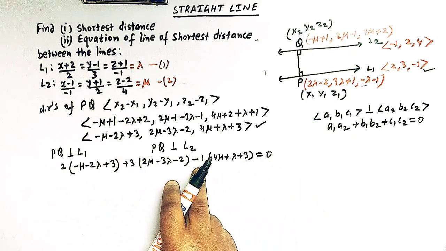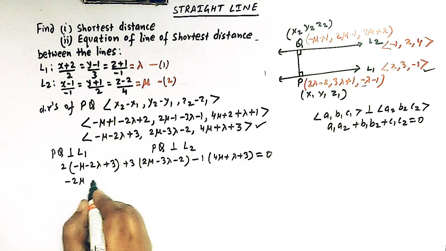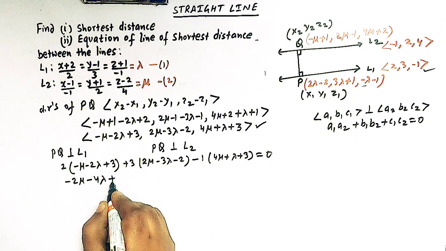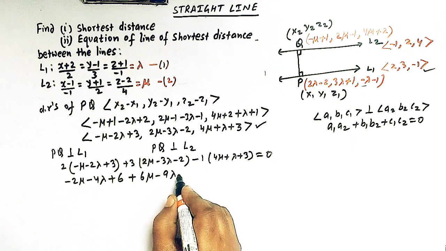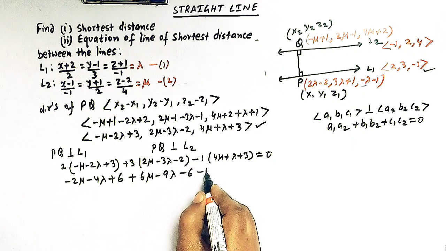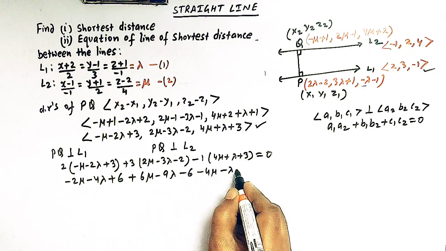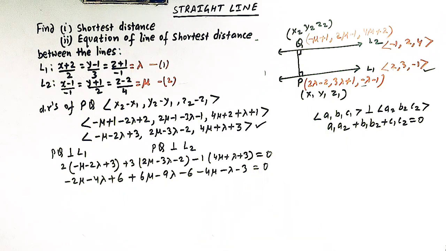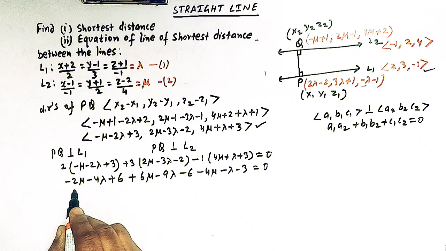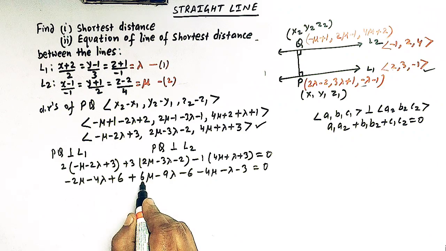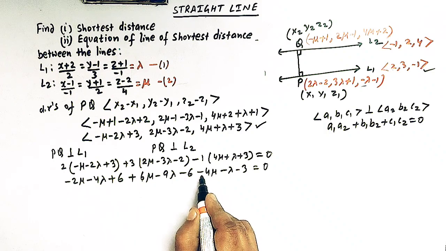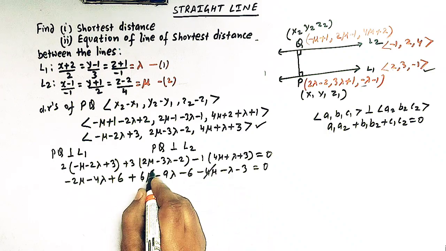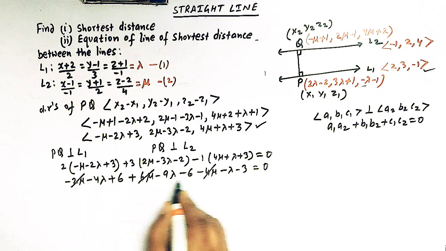So let us simplify. So we have minus 2 mu minus 4 lambda plus 6, then we have 6 mu minus 9 lambda minus 6, then minus 4 mu minus lambda minus 3 is equal to 0, right? Okay, so now here we have minus 2 mu plus 6 mu, that is 4 mu, and here we have minus 4 mu. So these three terms get cancelled.